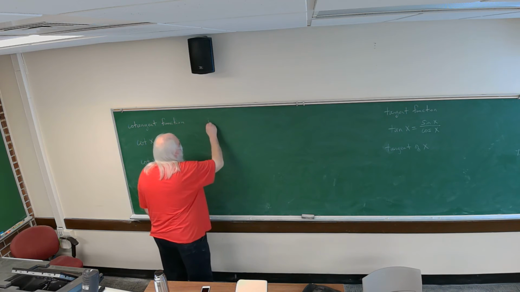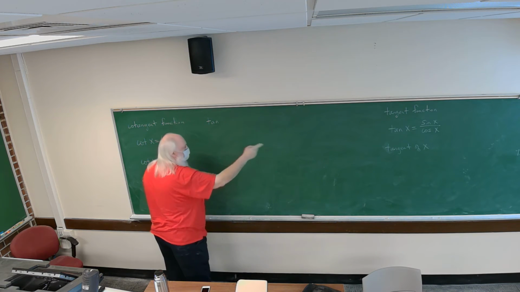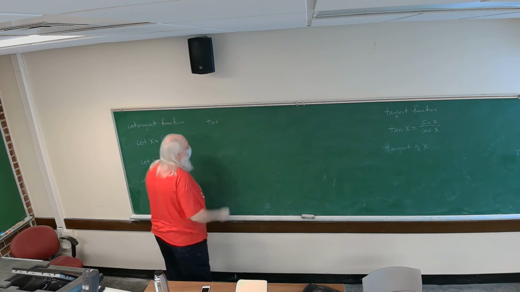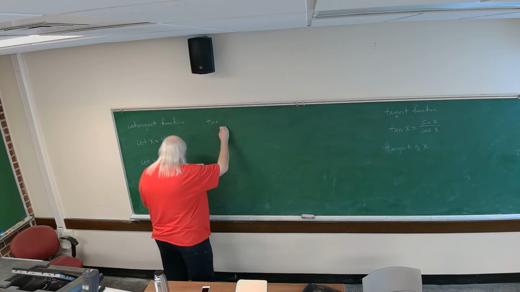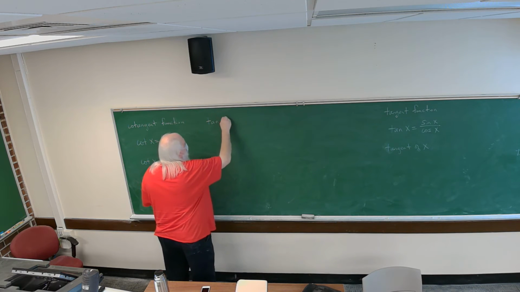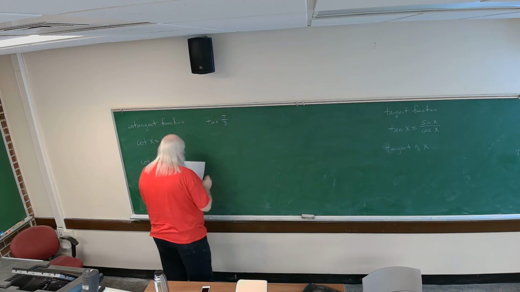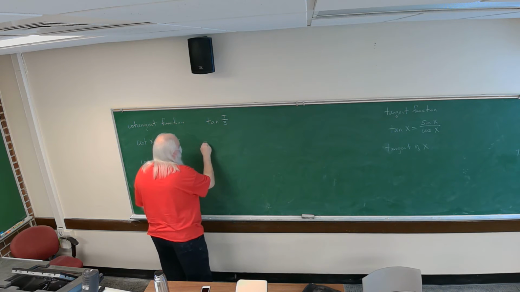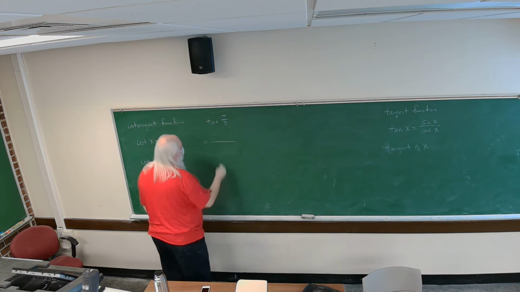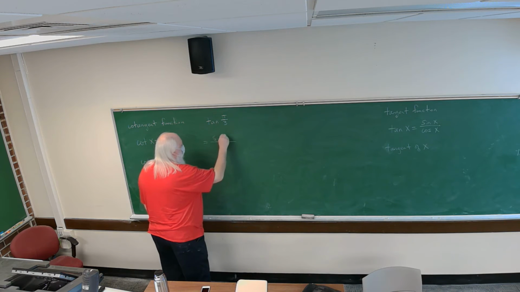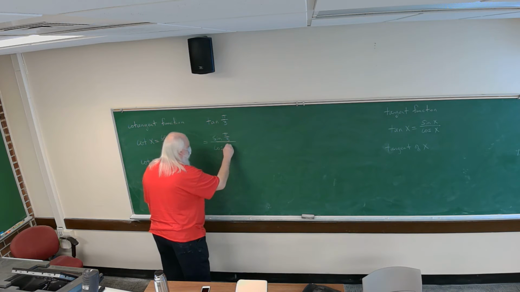Now I'll try to write them on the board the way they're written on your paper. You gotta do your work vertically. In A, we've got the tangent of pi over 3. Well, by definition, tangent of pi over 3 is equal to the sine of pi over 3 over the cosine of pi over 3.